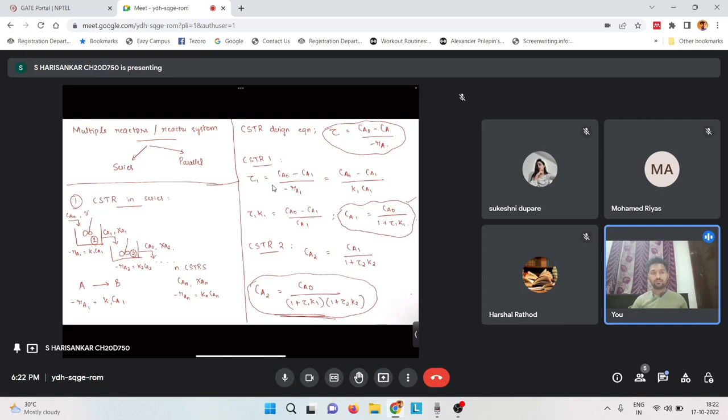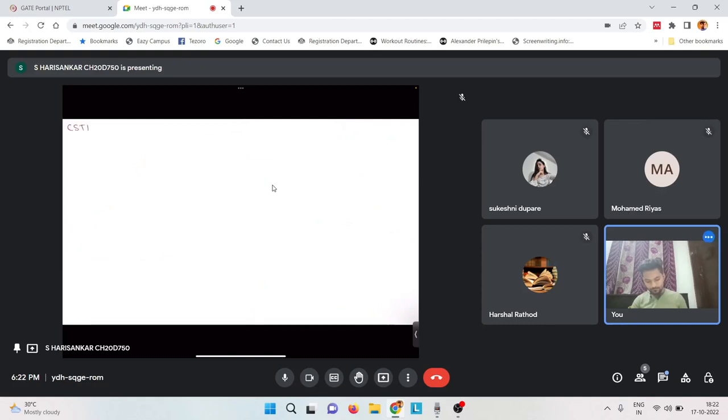Now we can keep doing this for n number of CSTRs. So I'll do one more, let's say CSTR3. We'll have Ca3 is equal to Ca2 by 1 plus tau 3 K3.